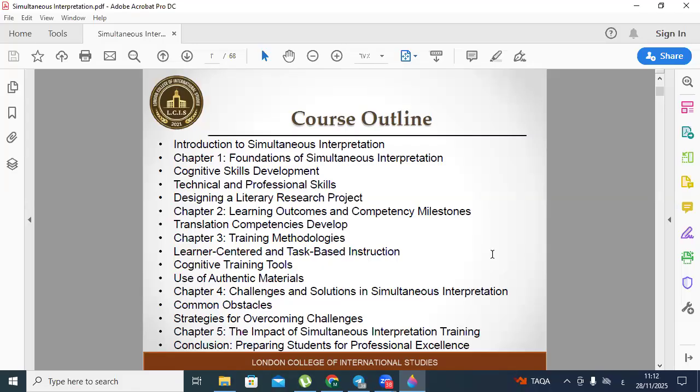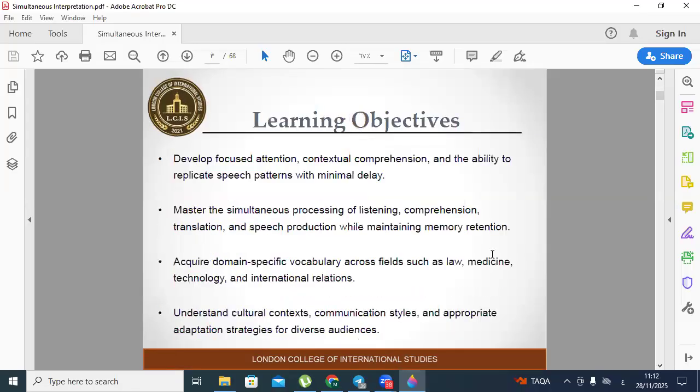Now let's move to learning objectives, and they are: develop focus, attention, contextualize comprehension, and ability to replicate speech patterns with minimal delay. Then master simultaneous processing of listening comprehension, translation, and speech production while maintaining memory retention.